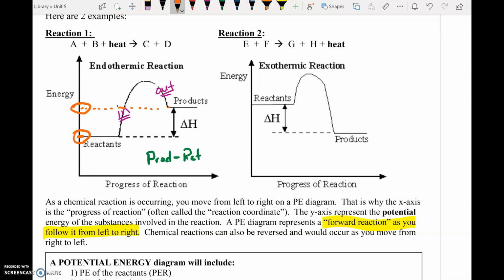If this one, let's say, is x, and this one's y, just hypothetical numbers, and I put them in there, x minus y equals a negative delta H. I said that incorrectly. That is a positive delta H, because I have a large number, letter X, minus a smaller number, letter Y. Sorry, I said that backwards.